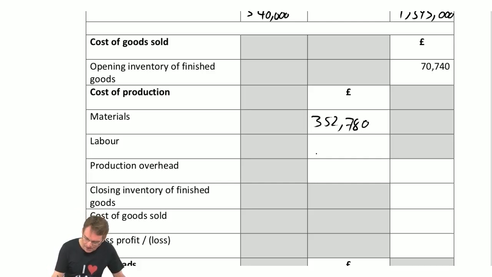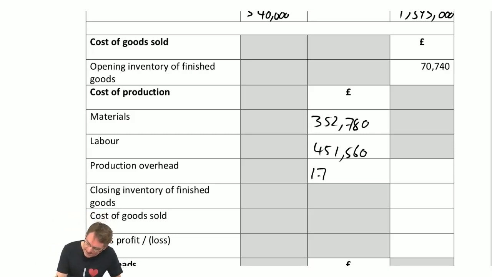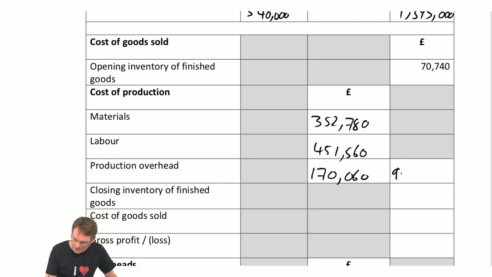We've got our labour, 451,560. Remember, that's all the labour, including the overtime. Production overhead, we've just said, is 170,060. So that gives us a total of, if I can read my writing correctly, 971,400.